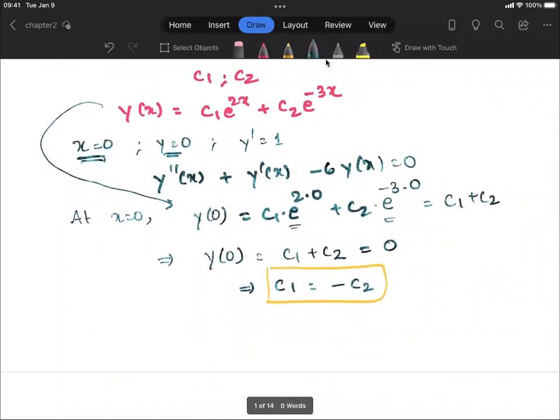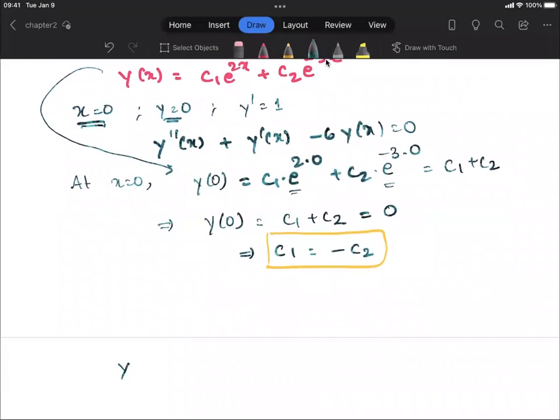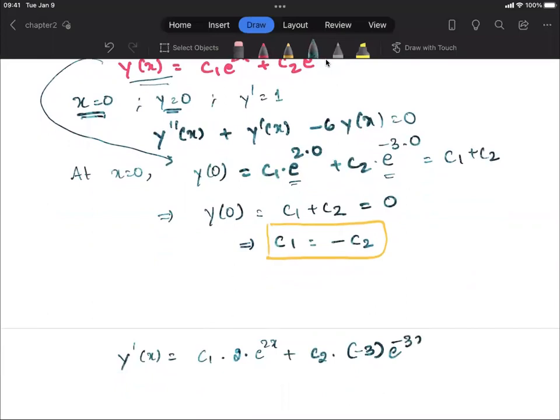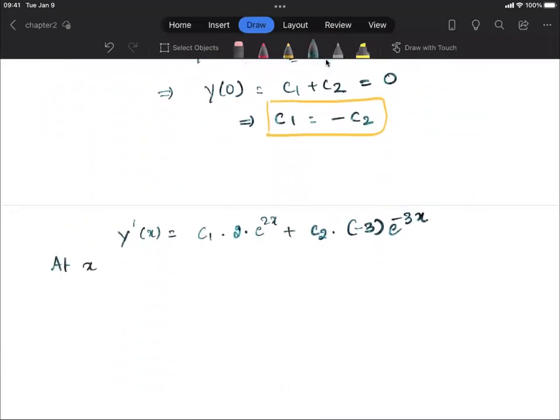Now let's compute the first derivative of y. The first derivative of y is nothing but, from here we can compute the derivative. It's going to be c1 times 2 times e to the power 2x plus c2 times negative 3 times e to the power negative 3x. Now, let's plug in the value of x is equal to 0. We know that the first derivative is equal to 1.